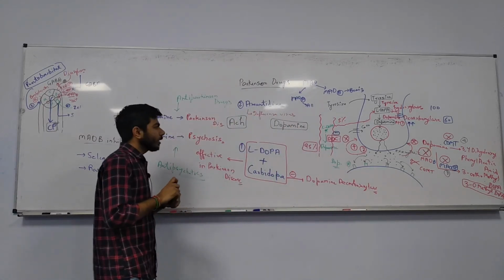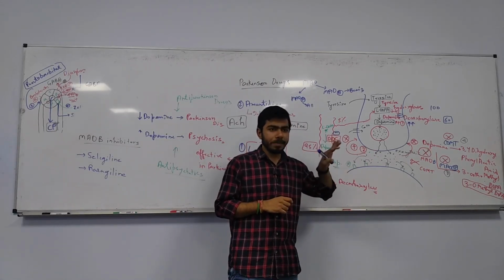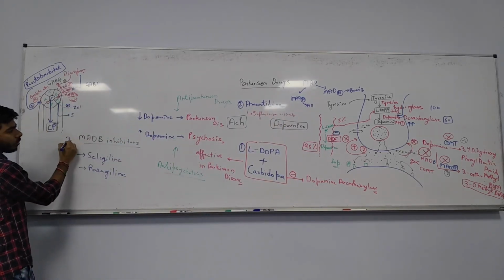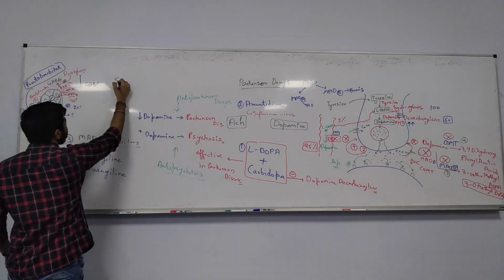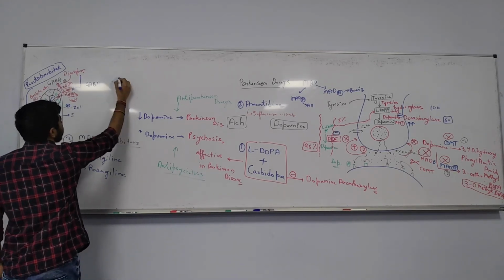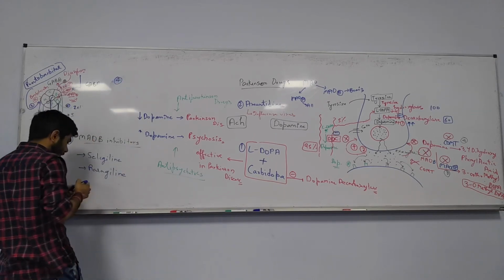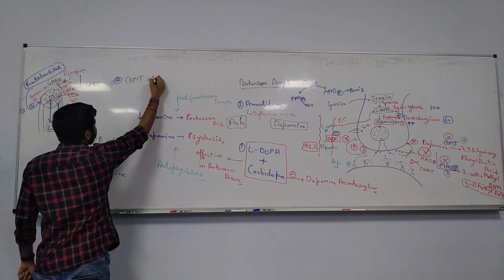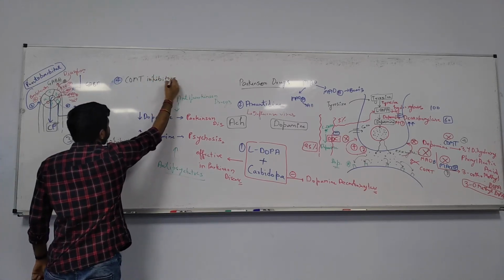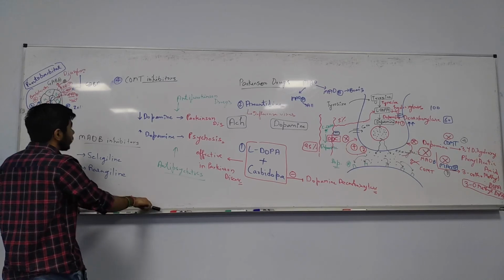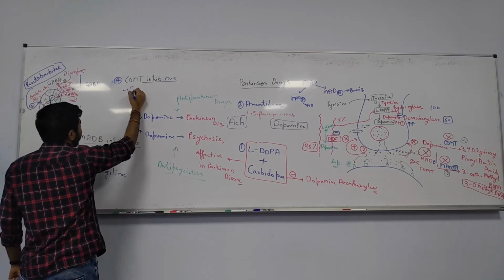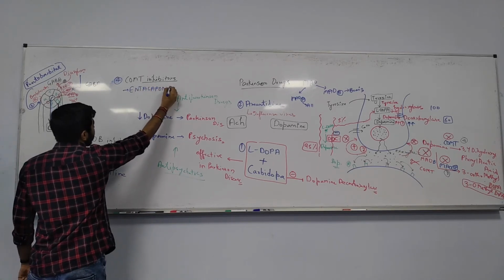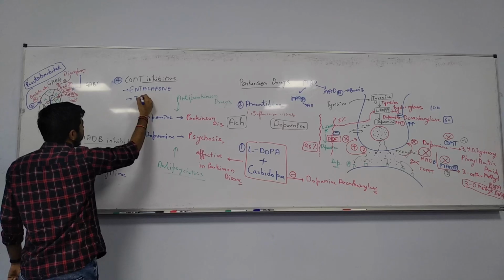Fine. Then one more category. What is that? COMT inhibitors. So this was the fourth one. The COMT inhibitors are entacapone and tolcapone.